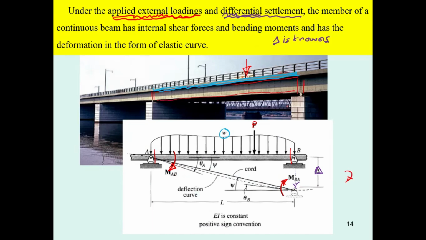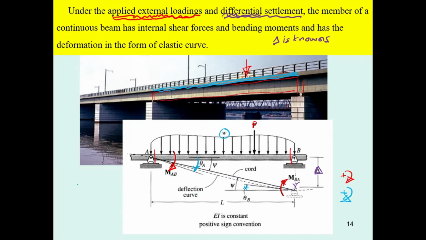Clockwise rotation is positive, and counterclockwise is negative. Following this, we have the slope over here, theta sub A, and the slope of the tangent line at B, theta B. The clockwise rotation of the slope is positive.